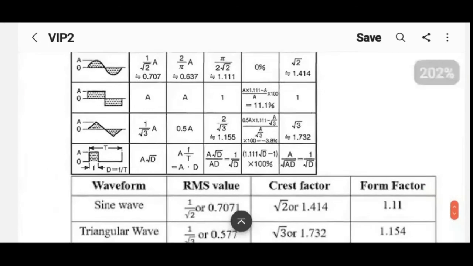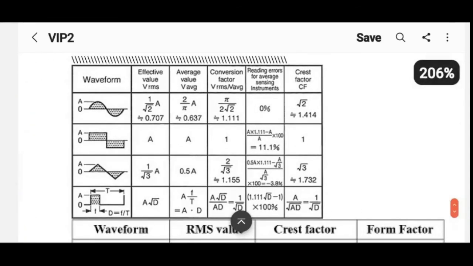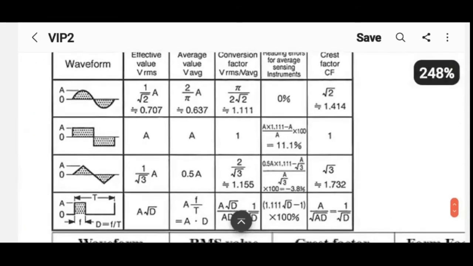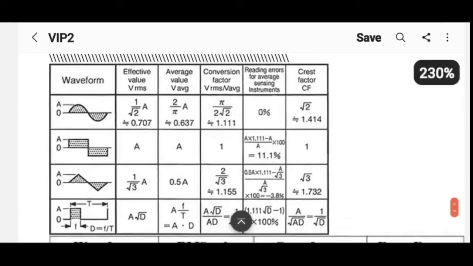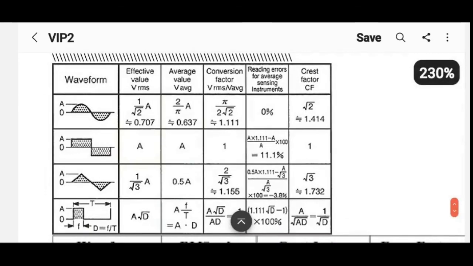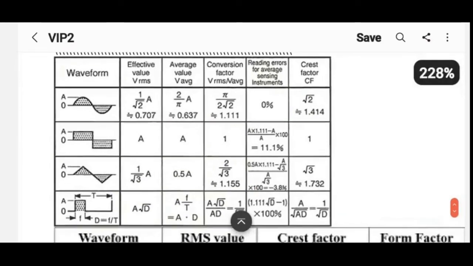One table which is actually going to be very useful to us is the outcome of all this. Depending on the waveform involved, these are some values. Again, you don't have to memorize them, but keep this table handy. In future, it may be useful in the course.